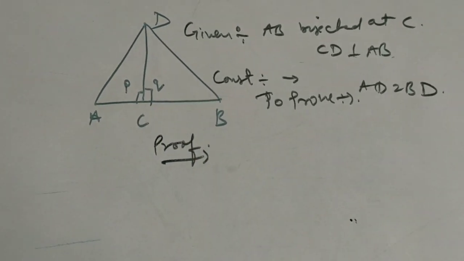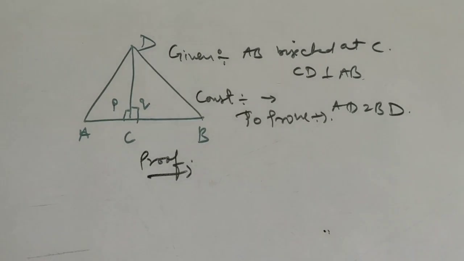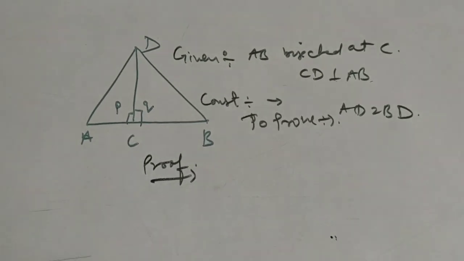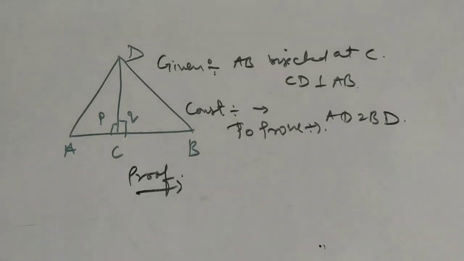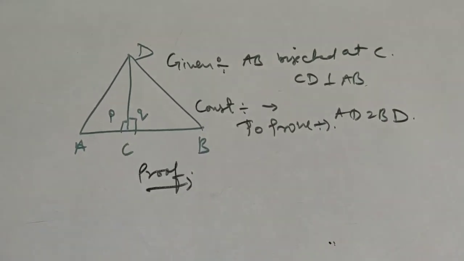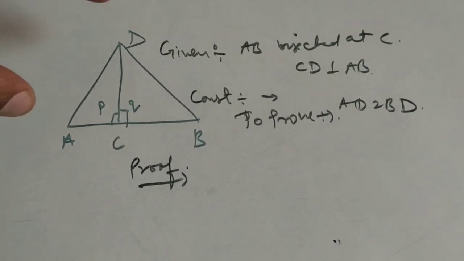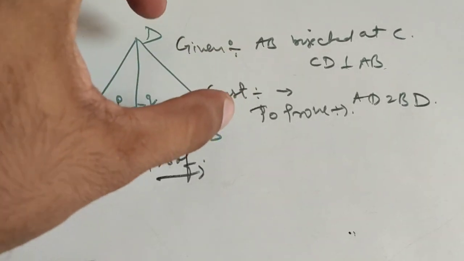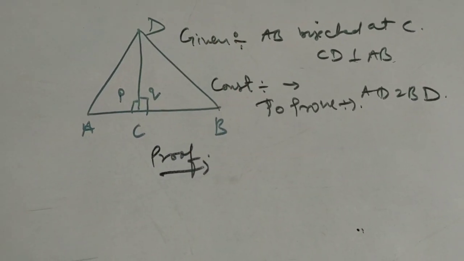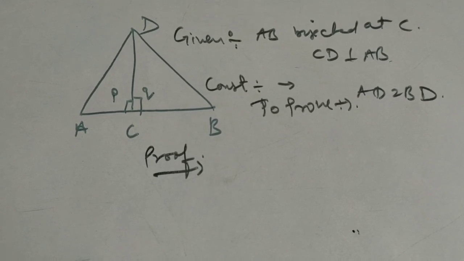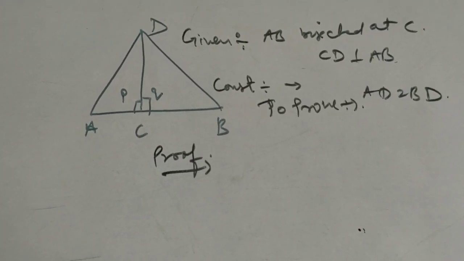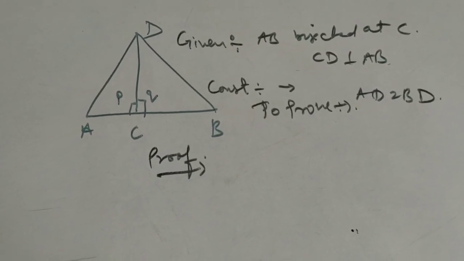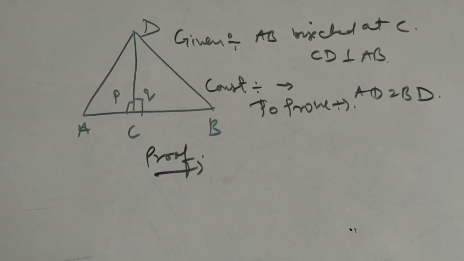Every time you have to prove the corresponding parts equal in any triangle, you will take the help of congruency. Okay, suppose now we need to prove AD and DB as equal. So what it means, we need two triangles and we will prove that those two triangles are congruent, and then by corresponding parts of congruent triangles are equal.